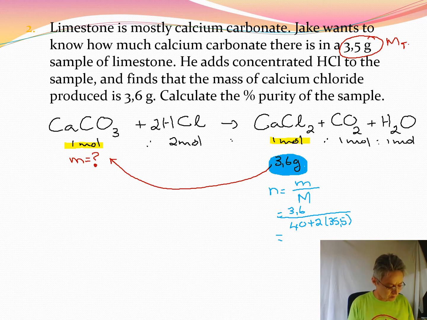So 3.6 divided by, 71 plus 40 is 111, gives 0.032 moles.